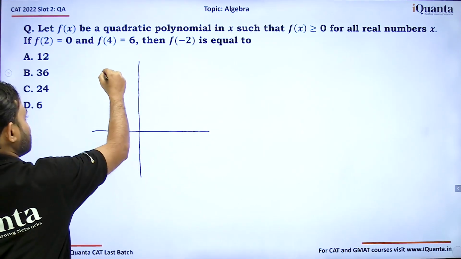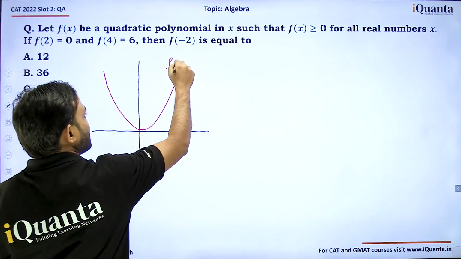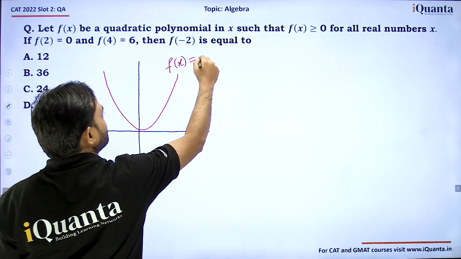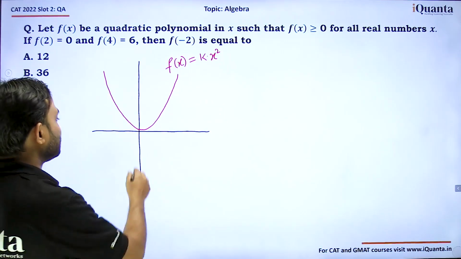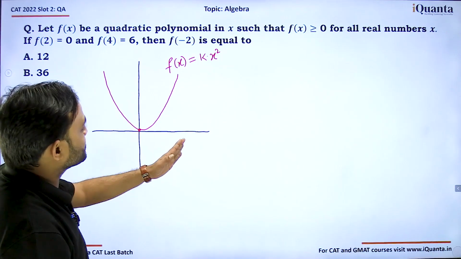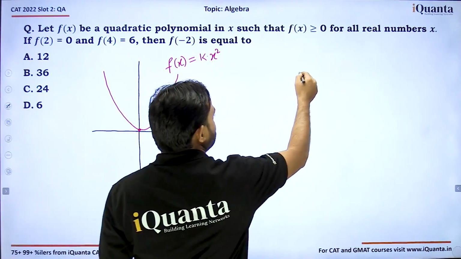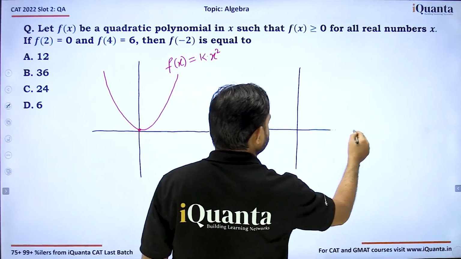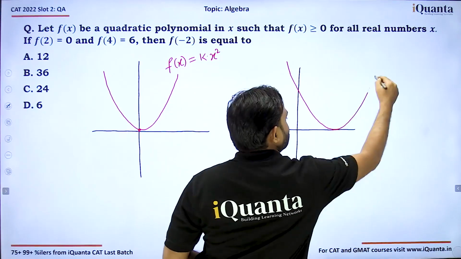So one case, when we draw a graph like this, this is f(x) is equal to k into x square. Now as we are getting 0 at x is equal to 2, we need to move the graph 2 units to the right. Then only the graph will be like this.